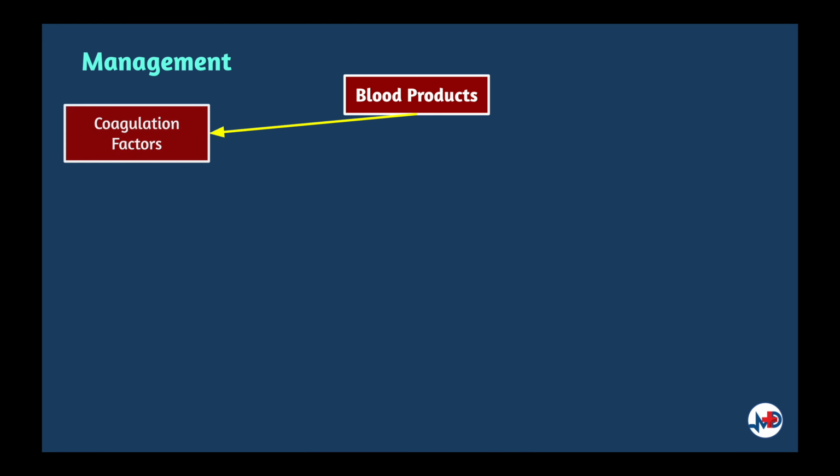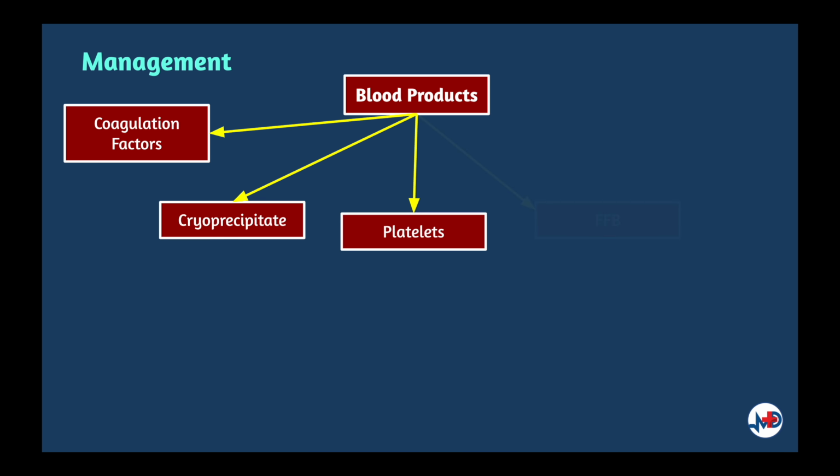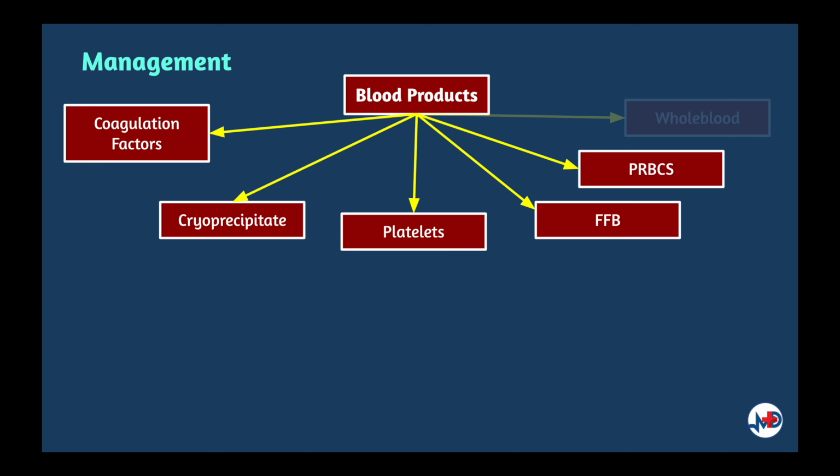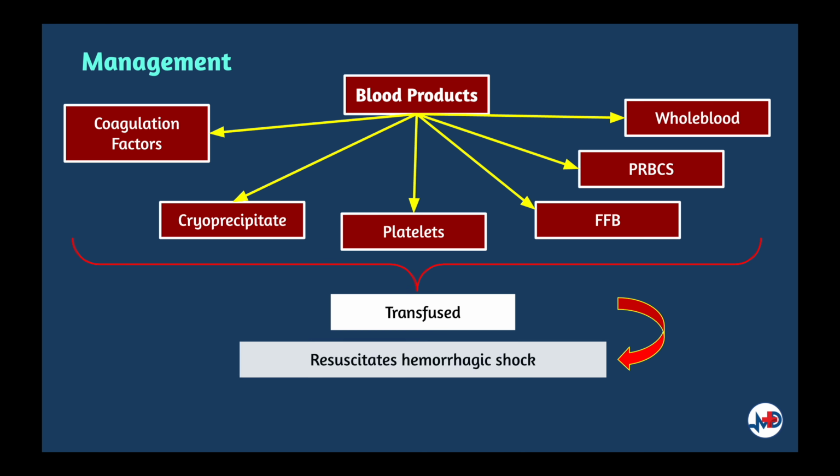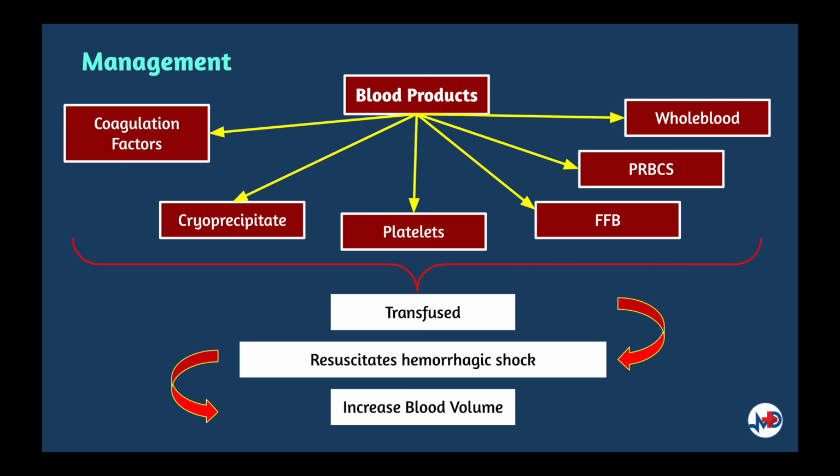Next would be blood products. So, blood products are indicated in hypovolemic shock patients who have sustained blood losses from hemorrhage exceeding 1.5 liters. This, in fact, is the only setting in which freshly procured whole blood is administered.